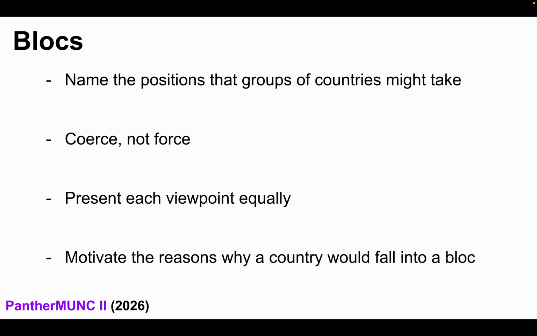And what's really important is that you present all of them equally so that one block doesn't have an advantage. Your background guide cannot support or endorse one specific ideology or viewpoint on the issue. That's really important. And then you want to motivate the reasons, which goes into explaining it equally: each viewpoint has equal claim to being the correct viewpoint.